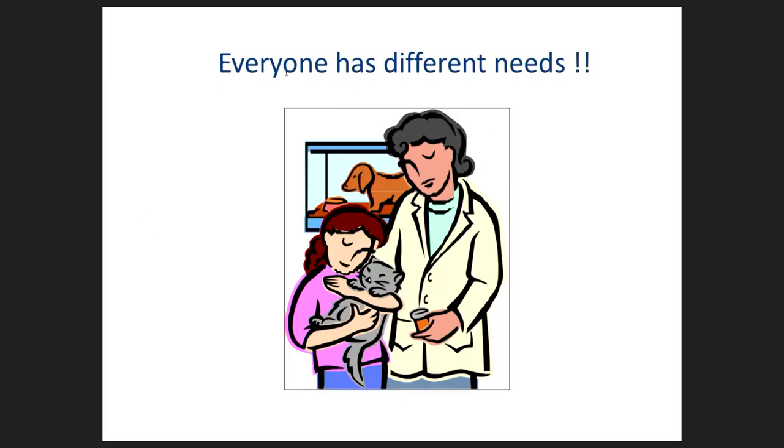Very important to have the family involved in our decision. But the message here: everyone has different needs of insulin than the others. Never compare your child or your relative with another child because the other child is taking a lower dose than my child, or this type of insulin while my child is taking another type. Everyone is different from the other. So no comparison between the child and his colleague or his friend.